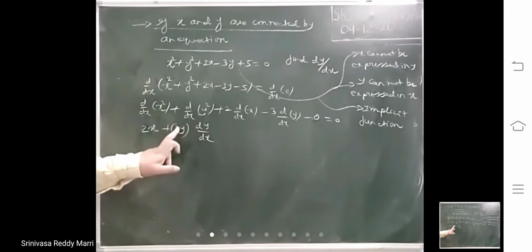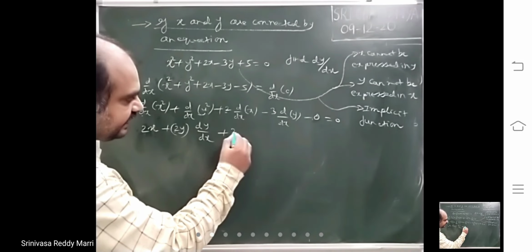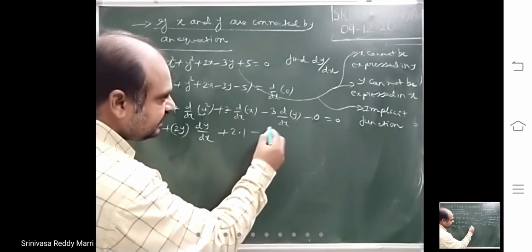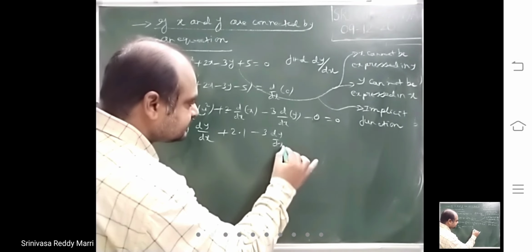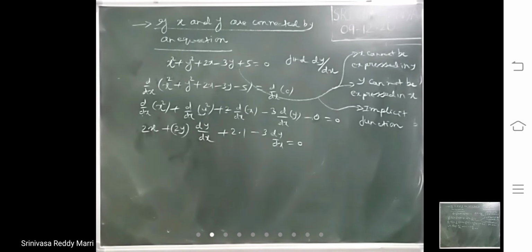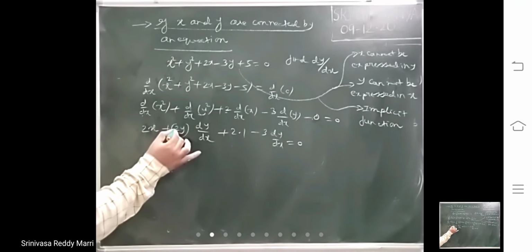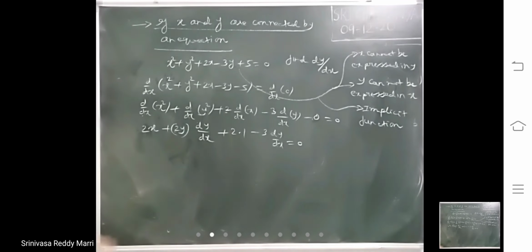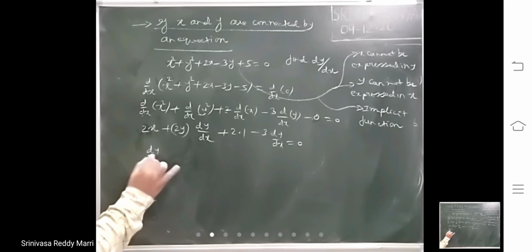But here y square gives 2y into dy by dx. 2 into d by dx of x is 1. Here d by dx of y is nothing but dy by dx, equal to 0.